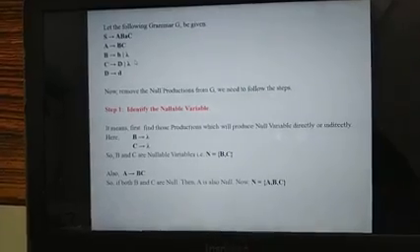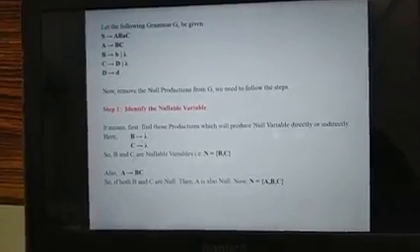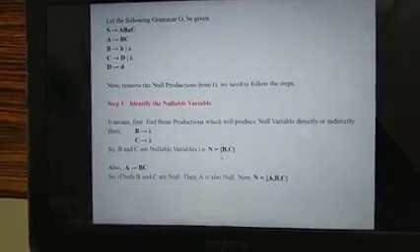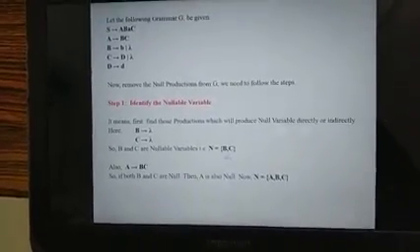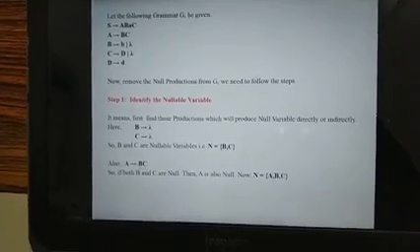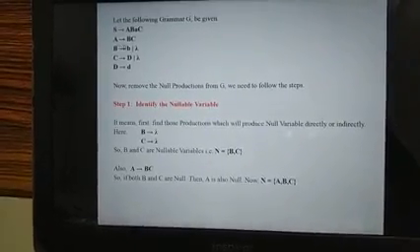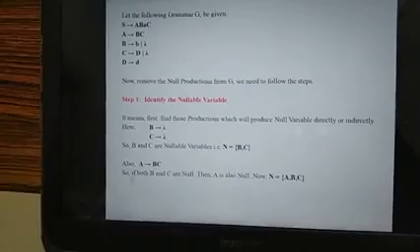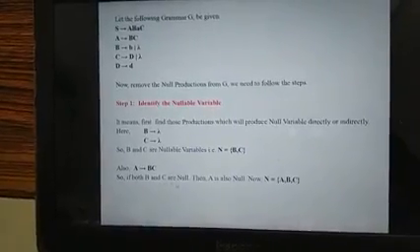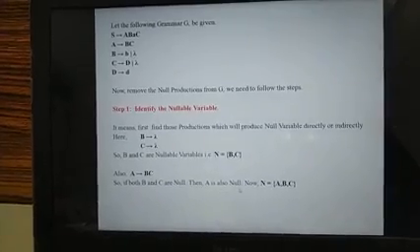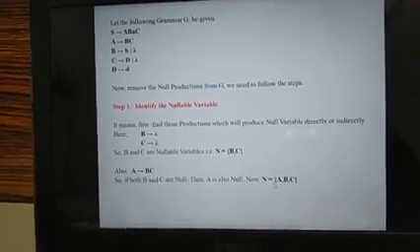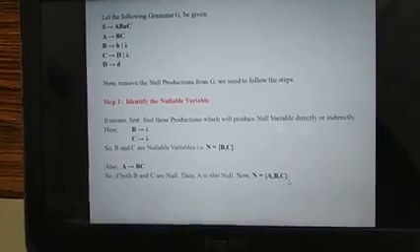Here B produces lambda and C produces lambda, so B and C are nullable variables. We write them in a set, B and C. Also there is a production A produces BC. If both B and C are null, then A is also null. So the set becomes A, B and C.